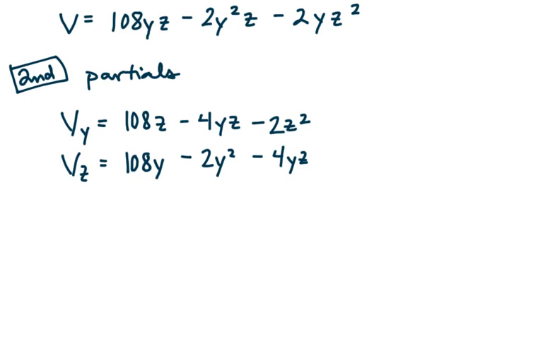In order to maximize this equation, we need to set each of these partials equal to 0. In this situation, we're going to be solving a system of equations for two variables, and those solution values are going to create our critical points. The critical points are where the max and min values could occur.